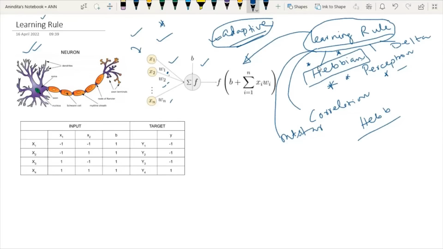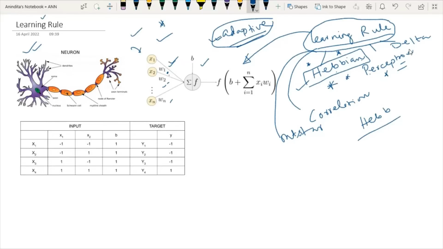We will use a specific formula in order to follow the Hebbian learning rule, and that formula will help us calculate the weights of the neural network. On the other hand, if I use the perceptron learning rule, it will assign random values to the weights. It will not use any kind of formula in order to update the weights. So this is the basic concept of these two learning rules.